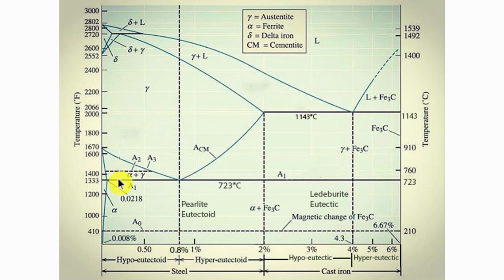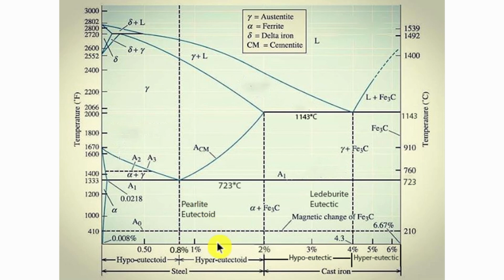If it is further cooled, then below A1 temperature, it will form ferrite and cementite. Now austenite with 0.8% carbon, when it is cooled at A1 temperature and below, will form ferrite and cementite. Now pearlite shown here is a combination of ferrite and cementite.